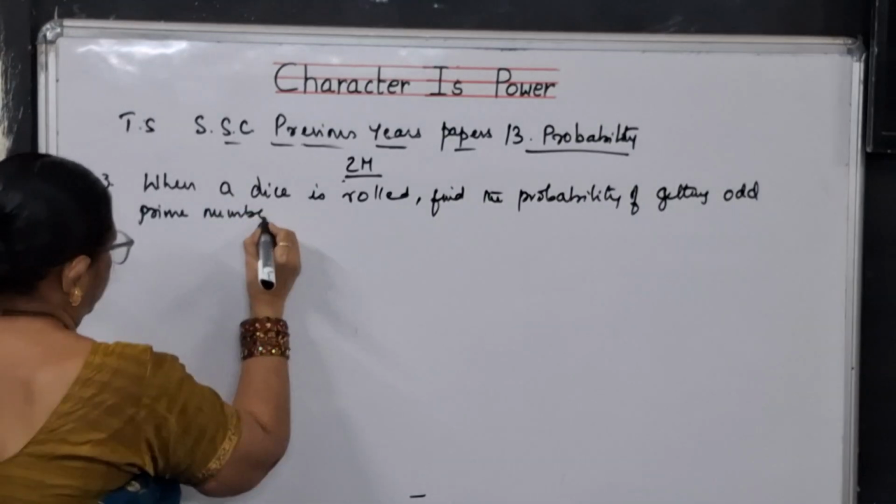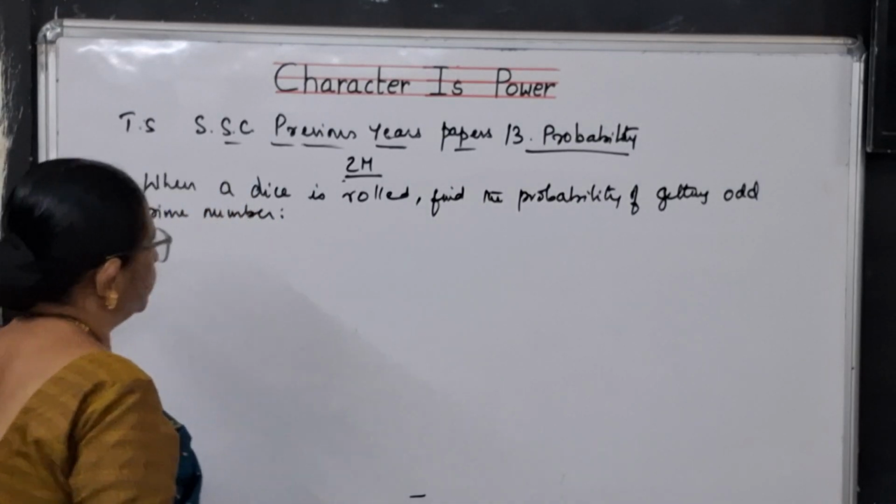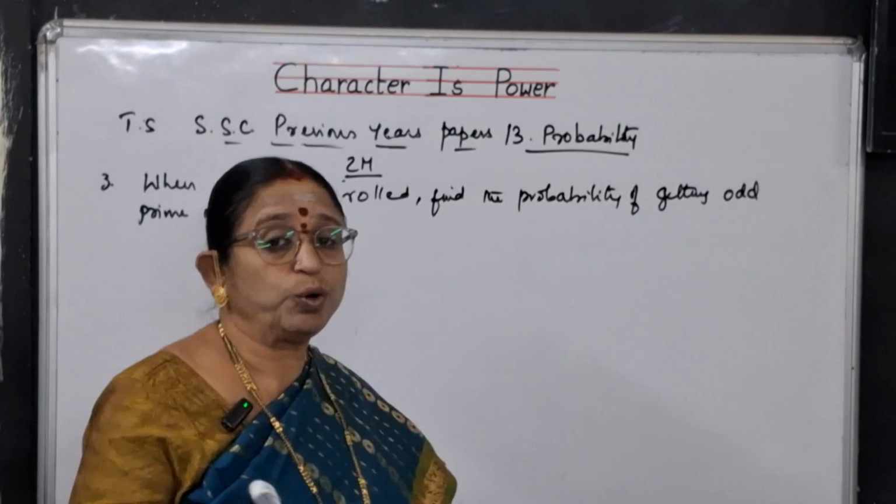Getting an odd prime number. So a dice is rolled.